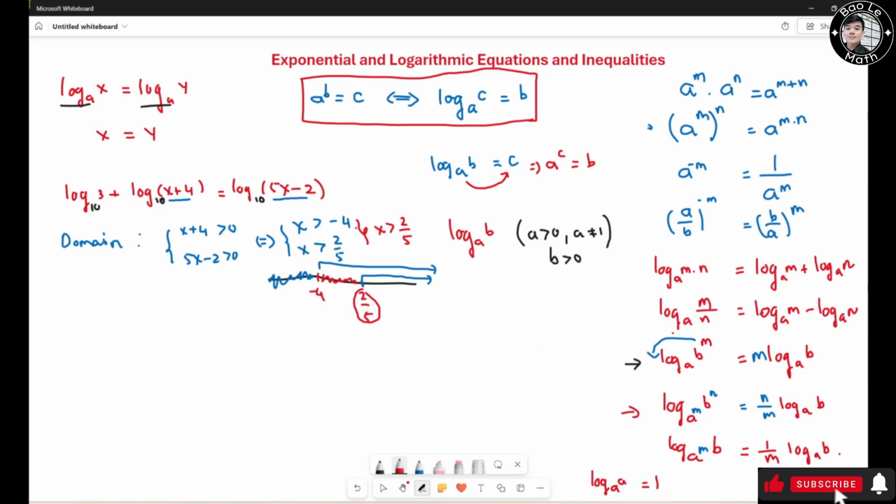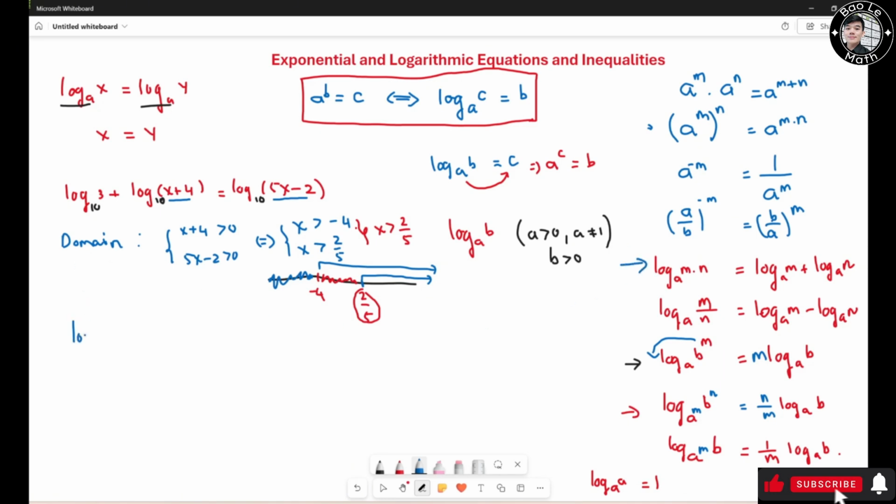Alright, so we're gonna apply the formula right here to condense this one. Alright, so this one you already learned in the logarithmic property. If you forget how to do it, just check out the video in the description below. Right? So this one is addition, turns out to be product, right? The formula right here.